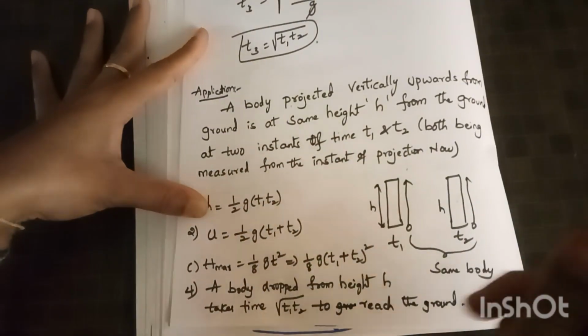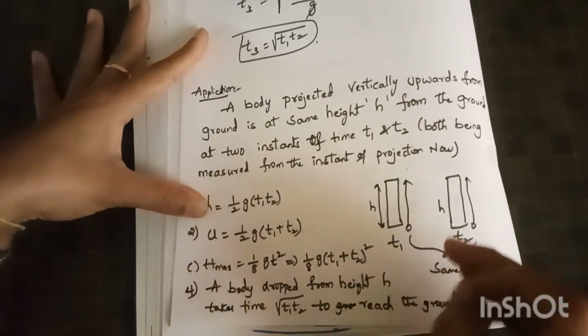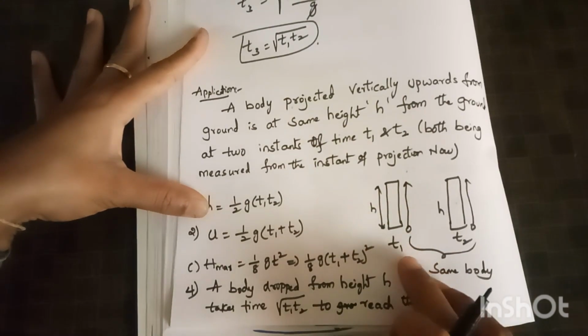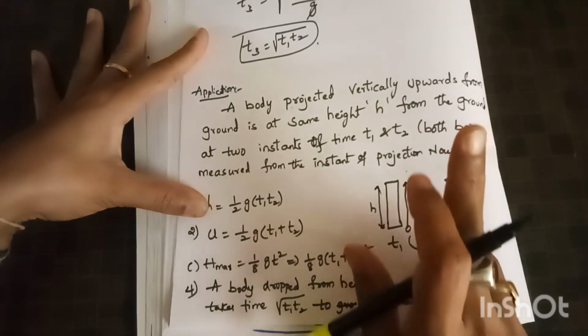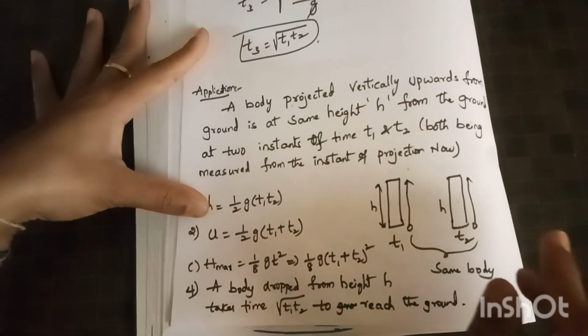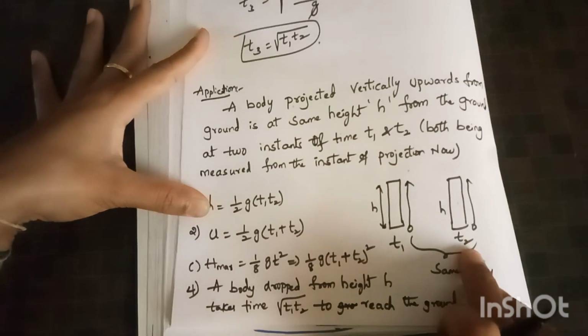So I took an object and projected it vertically up to a height h. The time taken for the first time is t1, and next the same body is projected with the same height and the time is noted as t2.